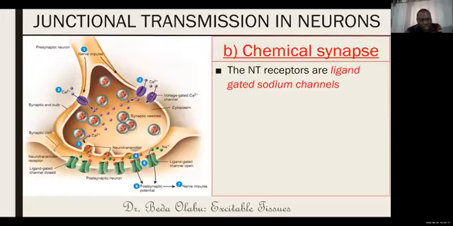The binding of the neurotransmitter on the postsynaptic neuron is the one that is important for neurotransmission. So what happens? See here, these are the receptors of the neurotransmitter.